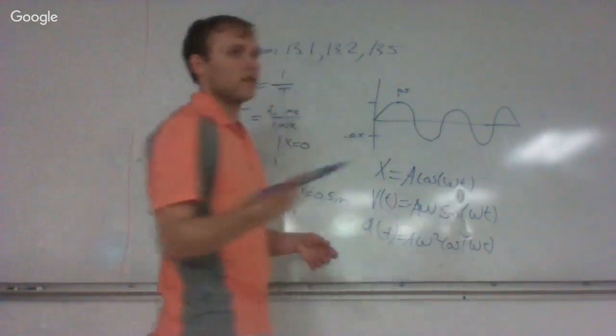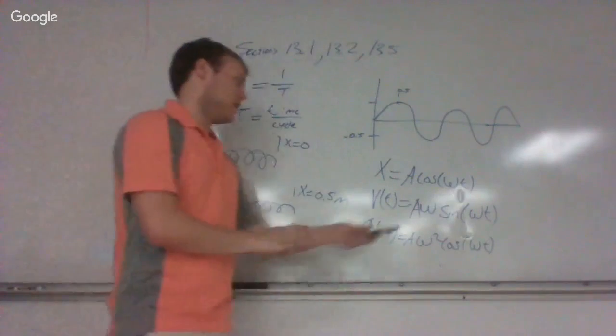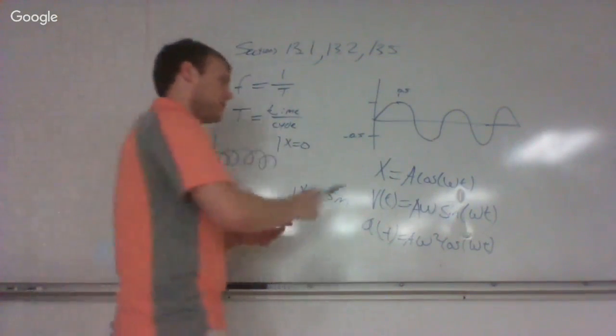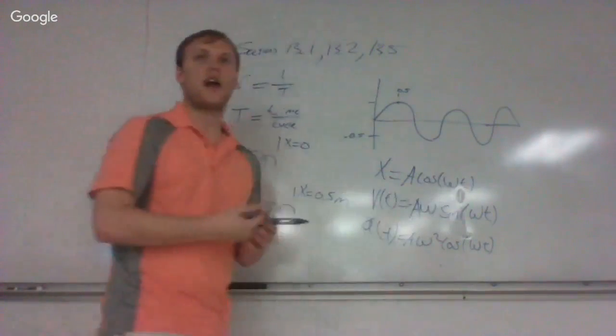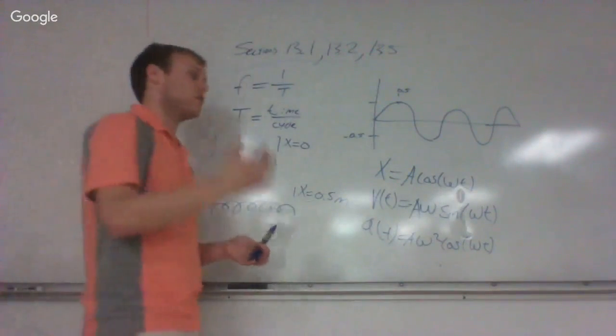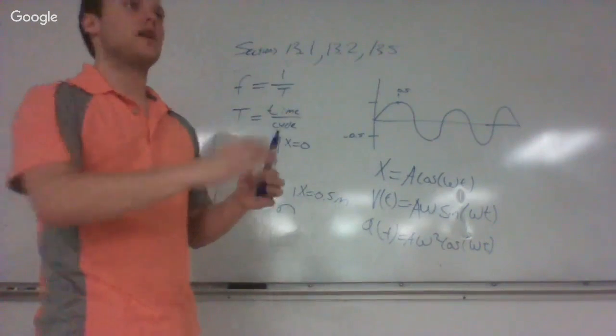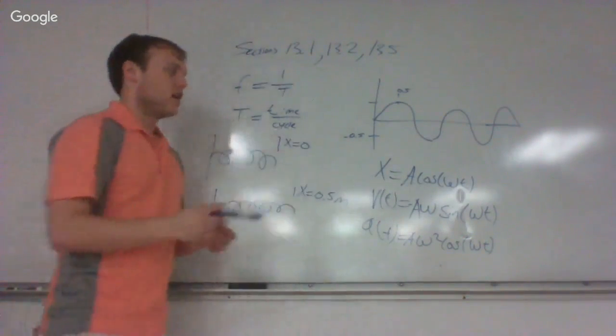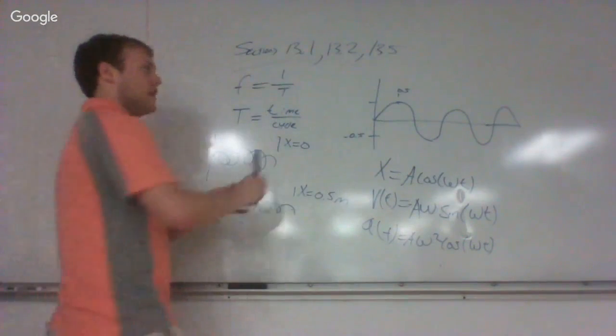It's because sine of 90 is 1. 1 would mean if you're multiplying A times omega times 1, you have your maximum velocity. Sine is a bound function that can only reach 1. It can only be as great as 1 or as small as negative 1. It does not go past that. So that means that 1 would be the maximum point.